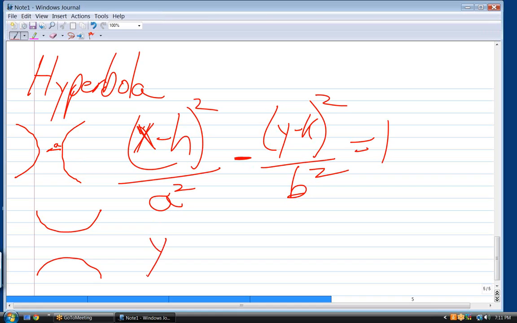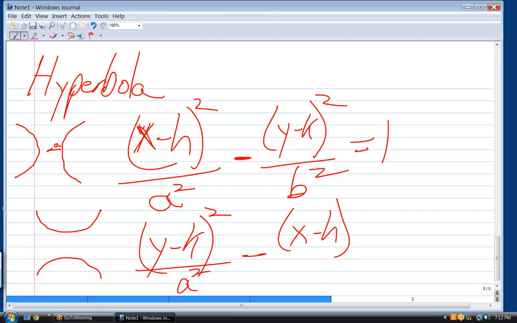In other words, a vertical hyperbola has to be, your positive term is the y. And the negative term is the x. Still squared. And again, the A goes under the Y because I'm measuring it this way, vertically. Whichever way you're measuring the A, that's the variable it needs to be under.